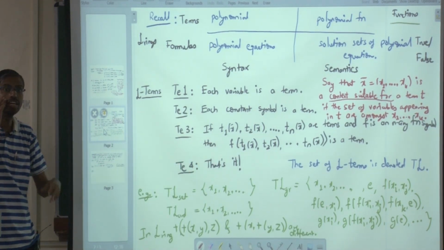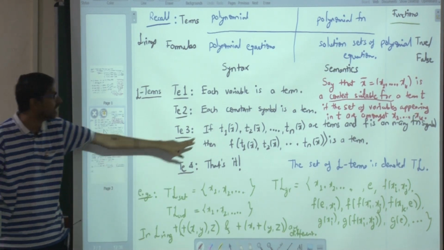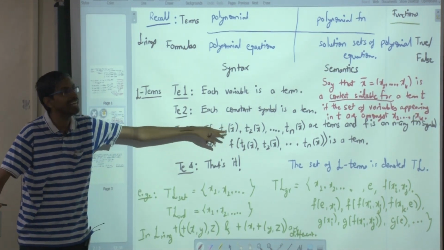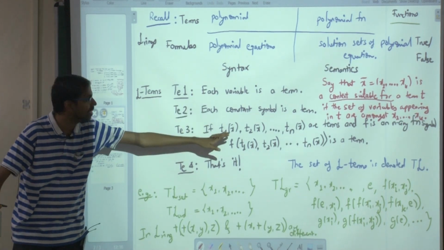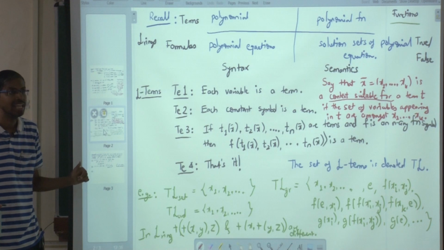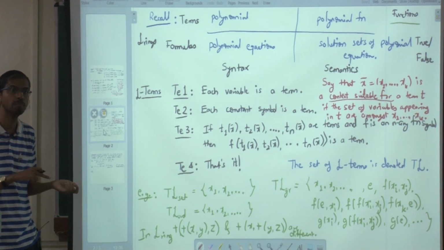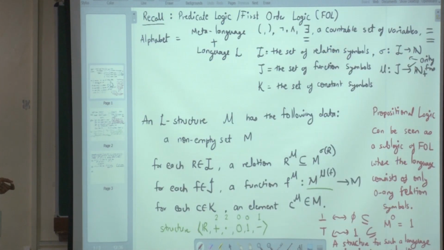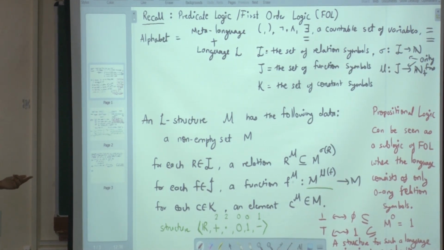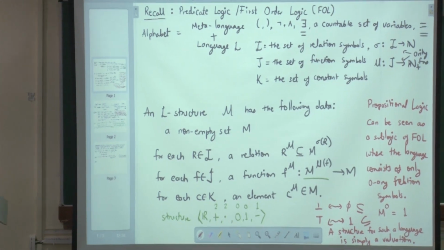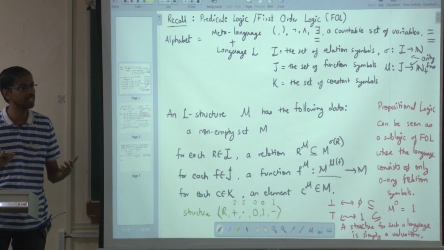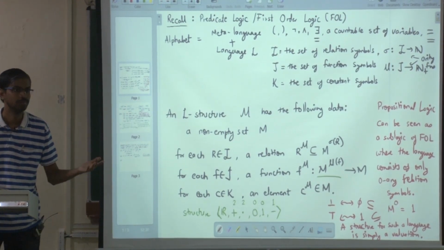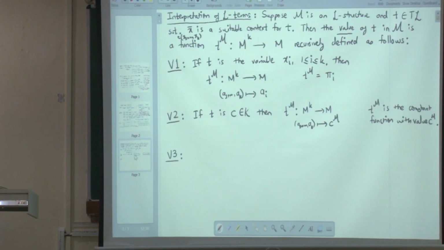Because we are using recursion, the earlier functions have already been defined: T1m is defined, T2m is defined, Tnm is defined. And because f is a function symbol, we also have a function associated to f. So we will apply that function on the previous functions. It's a composition of functions. That's what our V3 is.